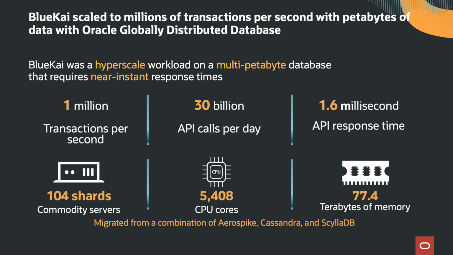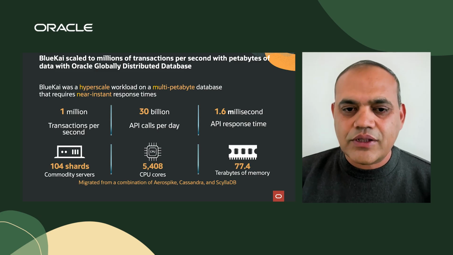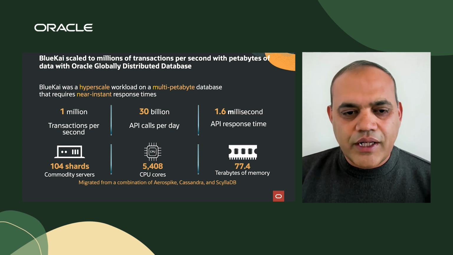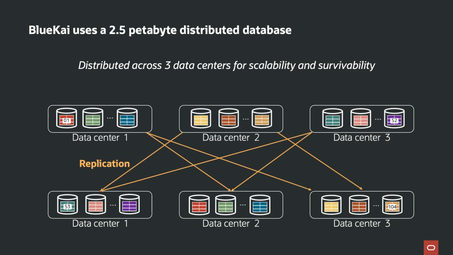It was deployed on 104 commodity servers, each with over 50 cores, which amounted to almost 5,408 cores for a single logical database. And if we add up the memory across all these servers, it was around 77.4 terabytes. The data was distributed across 3 data centers for scalability and survivability, where a replica was created in a different data center where the primary shard was.